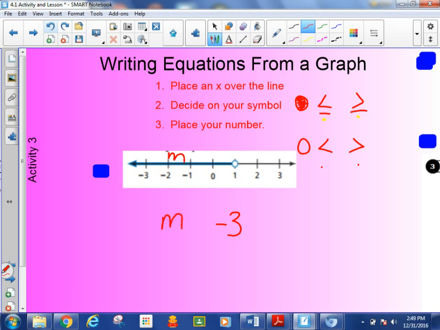Okay, so now I have to pick my symbol. So M is numbers that are smaller or to the left. So the bigger number would be the -3 that's getting eaten. M is smaller, so this is what my inequality equation would look like. M is less than -3, and we did not put the line underneath because it's an open circle, so we don't fill in the equal to portion of it.